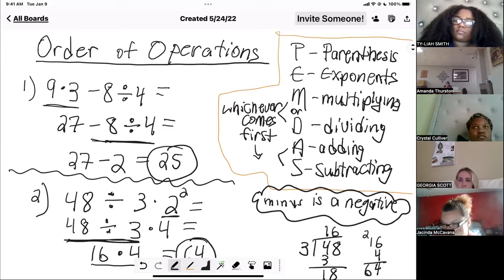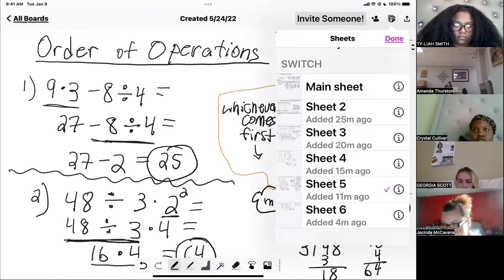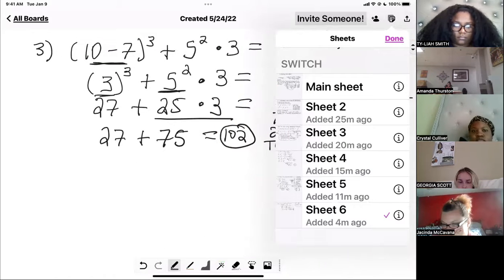So I tried another way and came up with a different answer. Yeah, so the only answer that's valid for that is 64. Okay, awesome. That's a perfect example. If you don't follow the order of operations, you're going to get an answer, but it's not going to be the right answer.